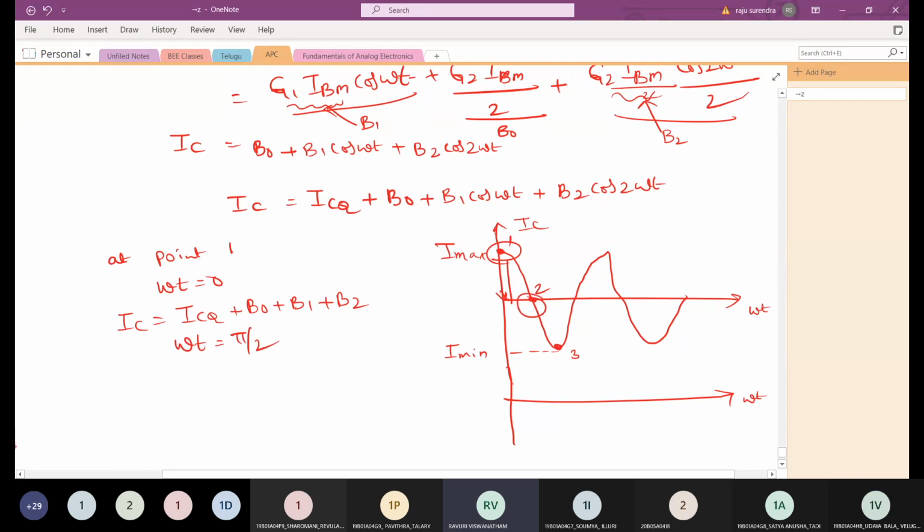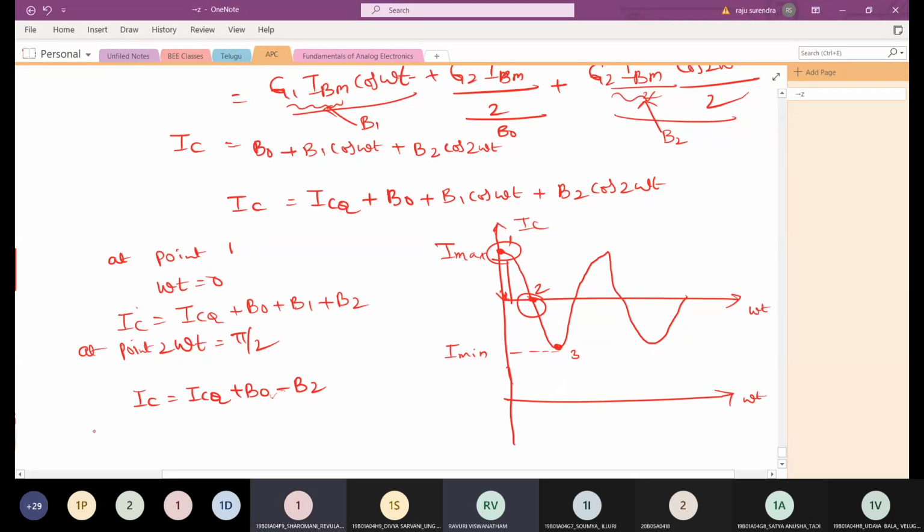Now I am going to consider omega t is equal to pi by 2 at point 2. So IC is equal to ICQ plus B0 minus B2. Have you understood?